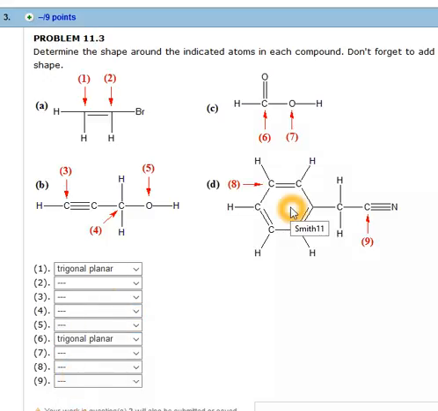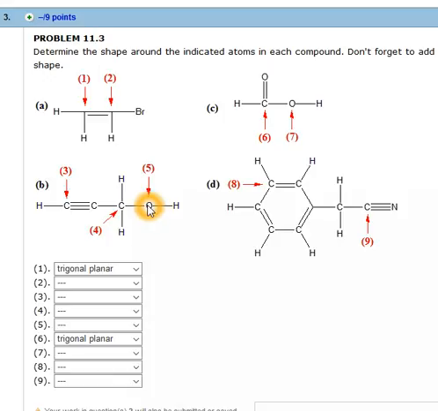Okay, so now let's look at number 5. Here, we're pointing to an oxygen. Now remember, the question alerts you, says, don't forget to consider electron pairs. So when I drew these, I didn't draw the lone pairs, but it's assumed you know the appropriate number of lone pairs that should be on any atom.